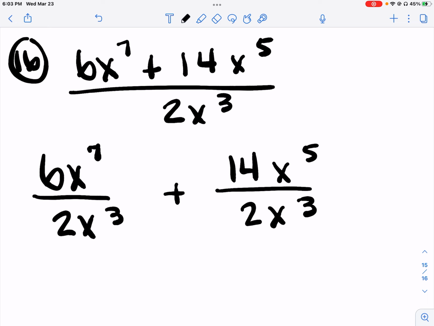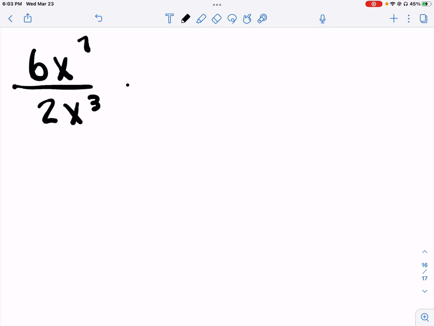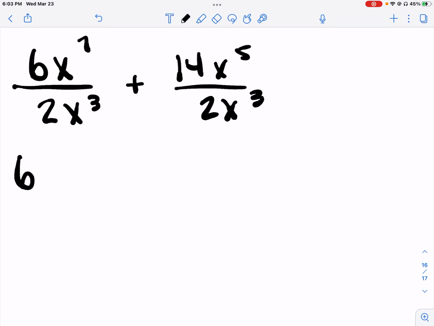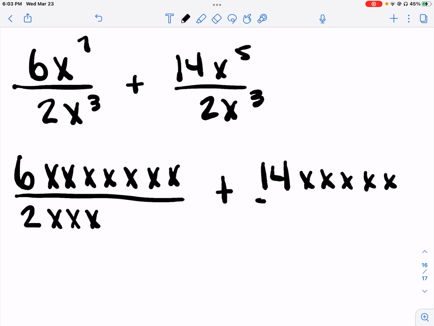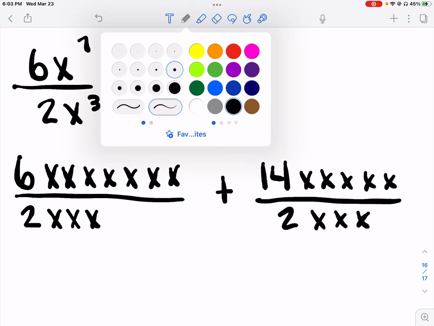All right, somebody did not leave enough room here, so let me start over. 6x to the 7th, 2x cubed, and the 14x to the 5th, and 2x cubed. 2, 3, 4, 5, 6, 7. 1, 2, 3. 1, 2, 3, 4, 5. 1, 2, 3. All right, let's cross out.